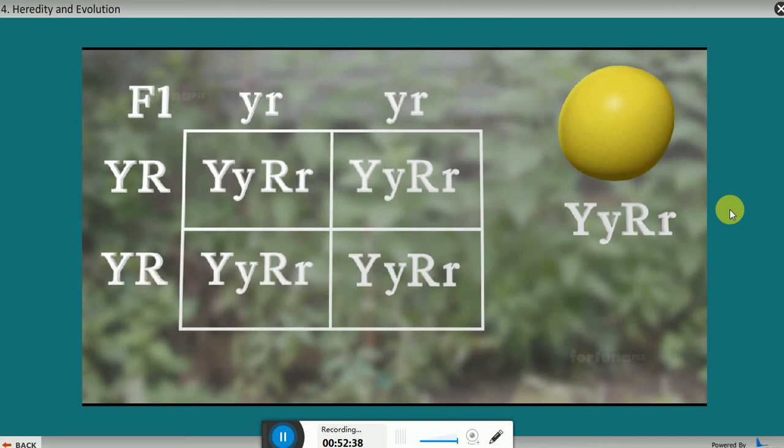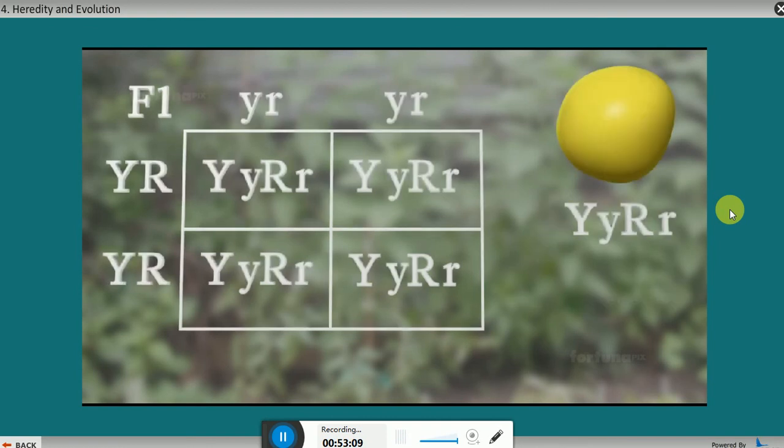The F1 plants have yellow, round seeds because the Y and R alleles are the expressed traits, meaning they will dominate over the y and r alleles. Thus, the YR or yellow round seed alleles are referred to as dominant, while yr or green wrinkled seed alleles are referred to as recessive.